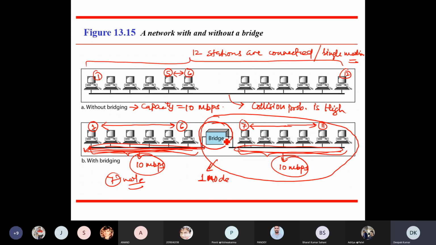Similarly, if you consider the other as your main network, again only 7 nodes are connected. So partitioning the network into two or more networks and connecting them through a bridge can improve the transmission capacity as well as reduce the collision probability. This is one improvement we can make in the network.